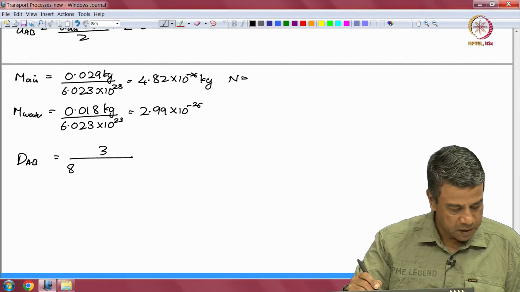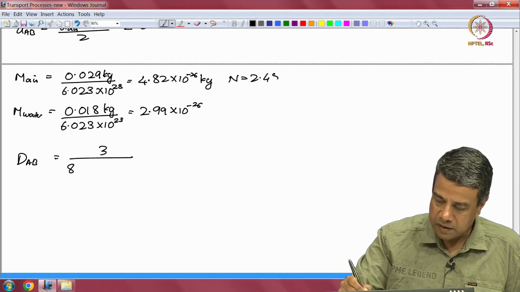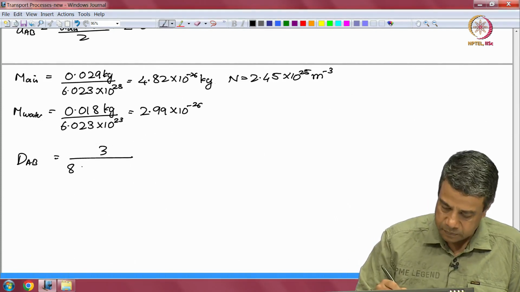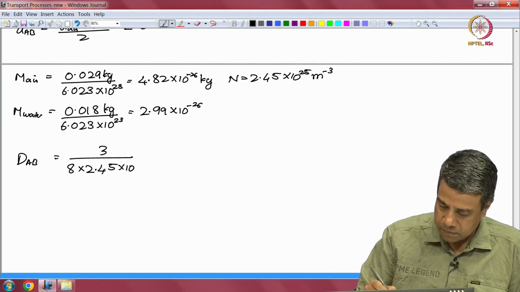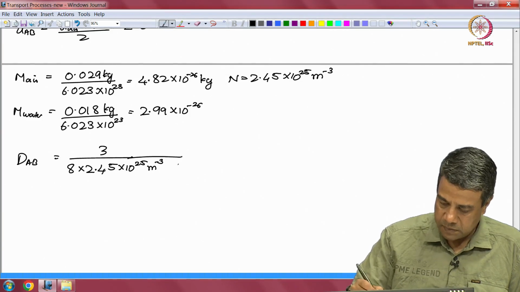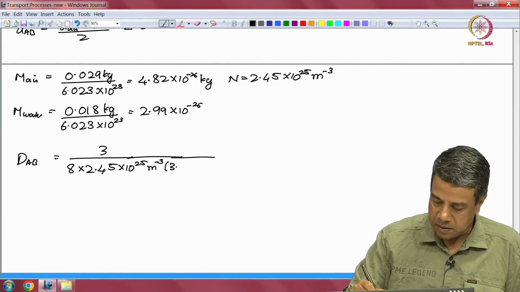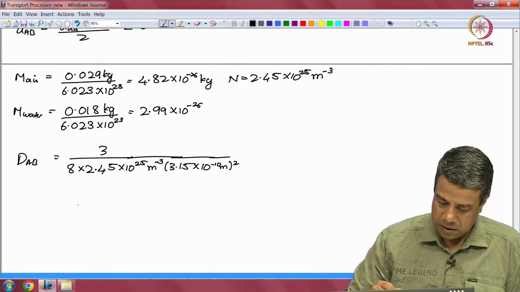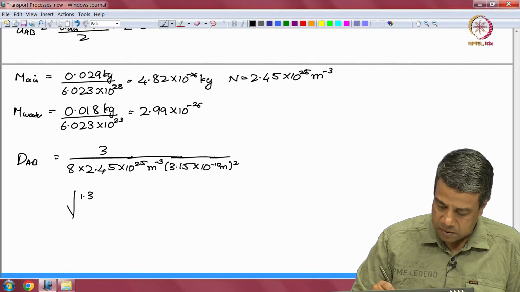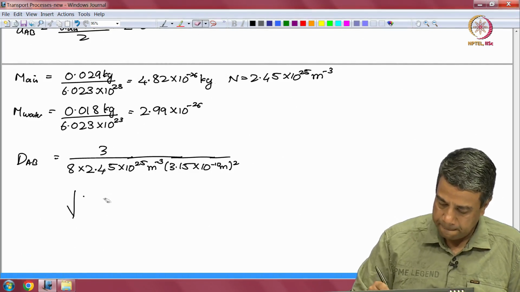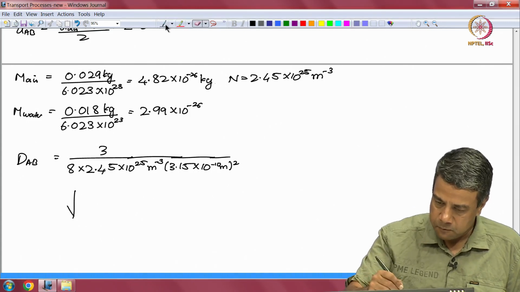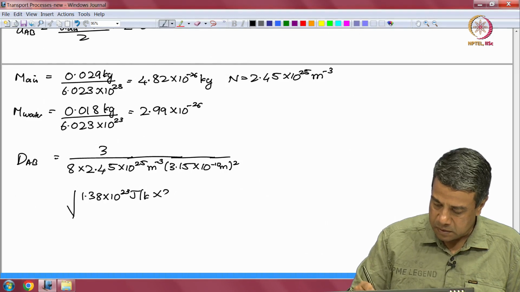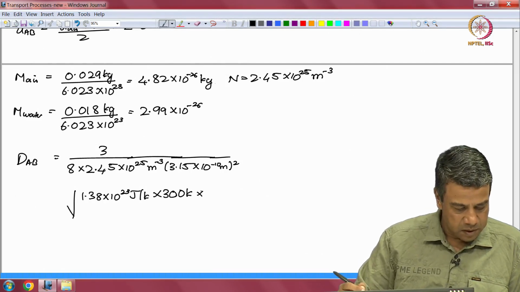This is equal to 2.45 into 10 power 25 per meter cube, into the diameter square, 3.15 into 10 power minus 10 meters the whole square, into square root of kB T. kB is 1.38 into 10 power minus 23 joules per Kelvin into 300 Kelvin into Ma plus Mb.